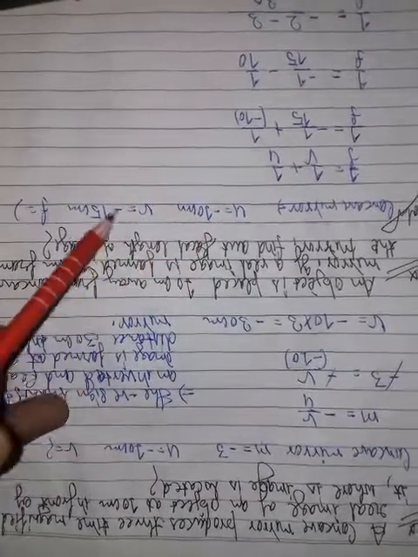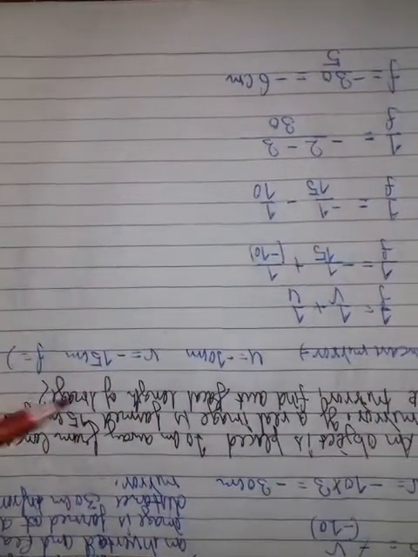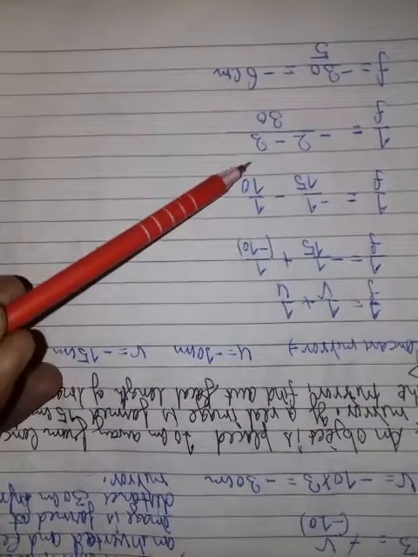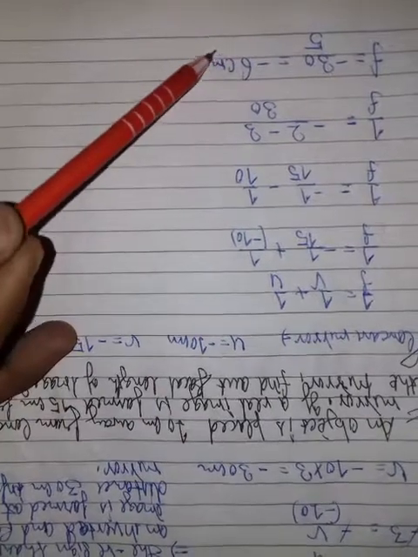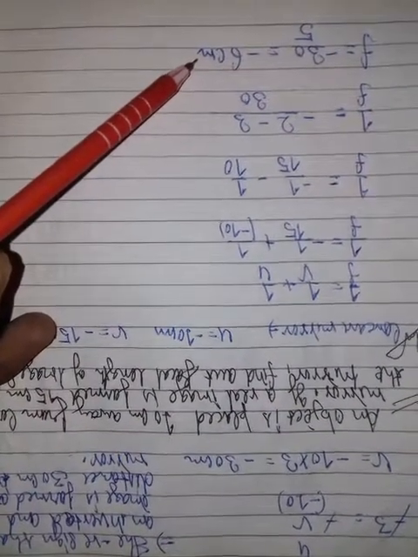Putting these values in mirror formula and solving the equation, we got the focal length of concave mirror, that is 6 centimeter.